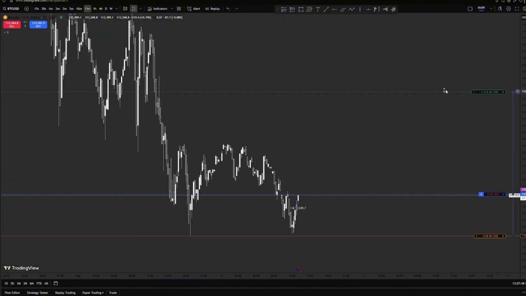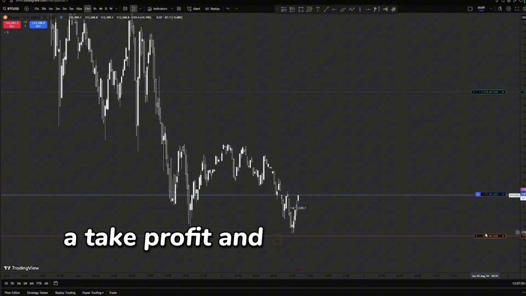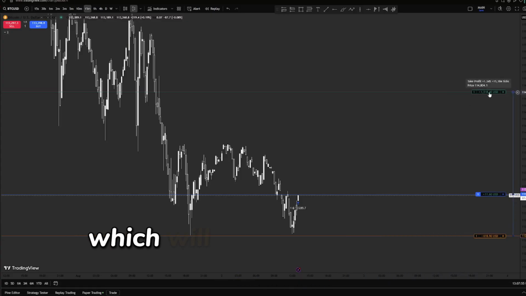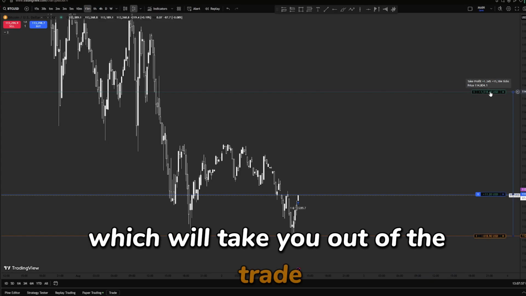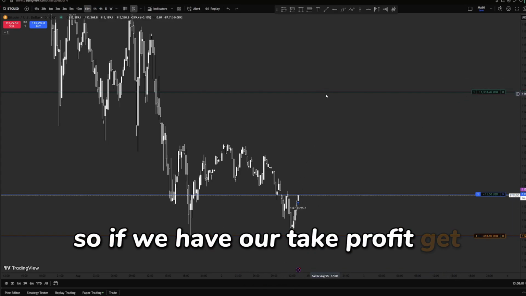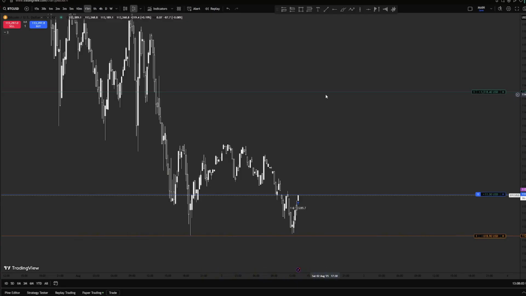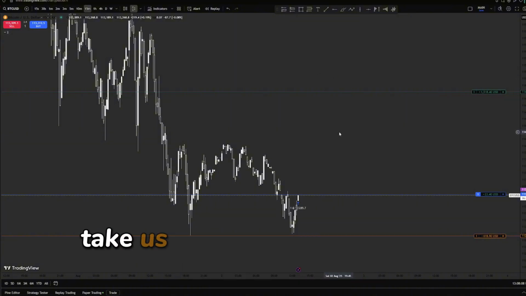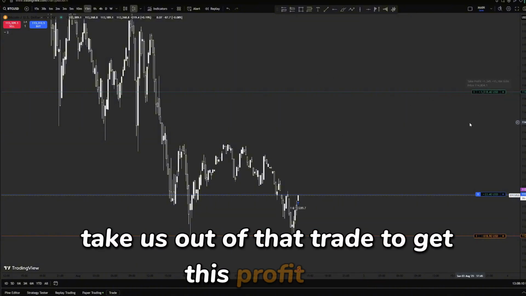Well, a take profit and a stop loss is just a bracket which will take you out of the trade. So, if we have our take profit get hit up here, then the software will automatically take us out of that trade to get this profit.